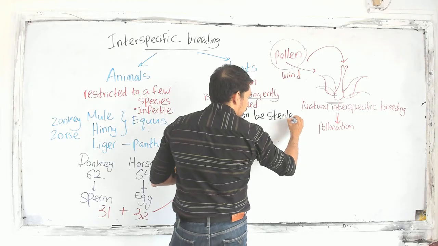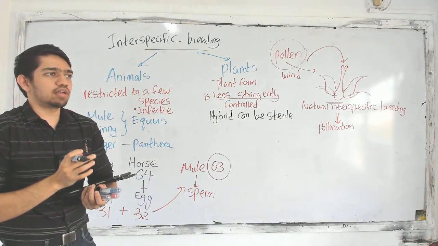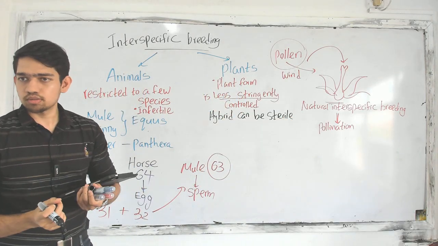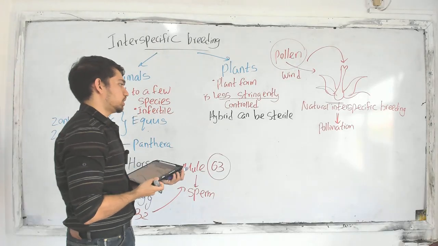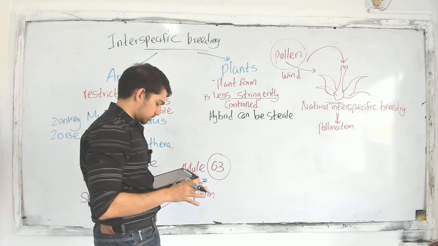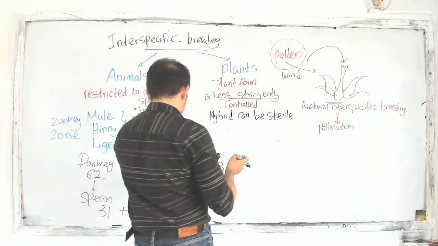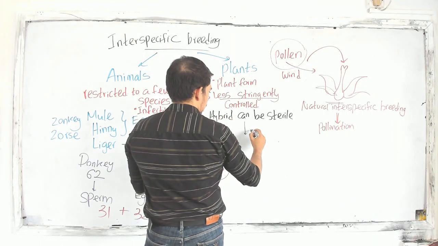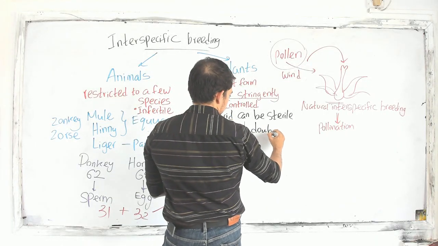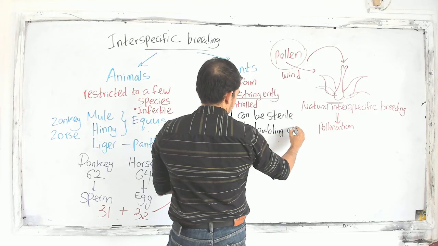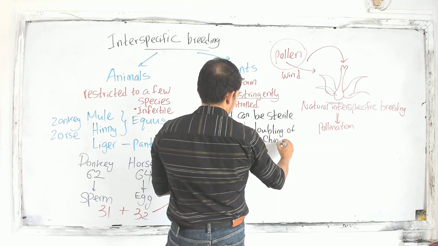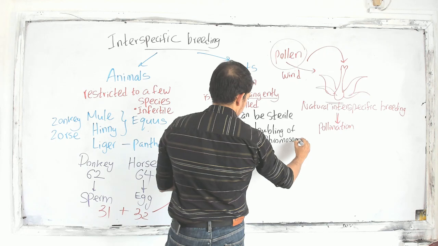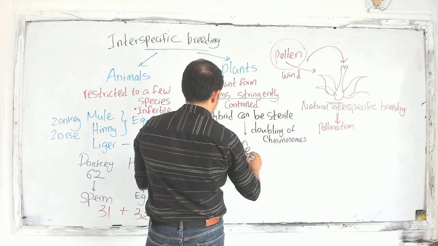But plants have more tricks. The hybrid can be sterile, but sometimes, for example, they can undergo doubling of chromosomes and become fertile.